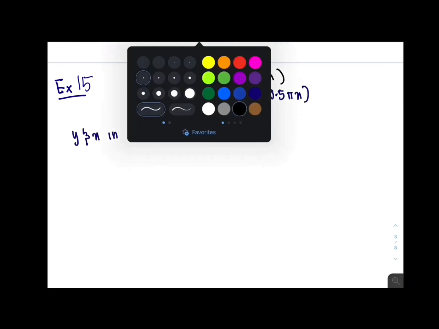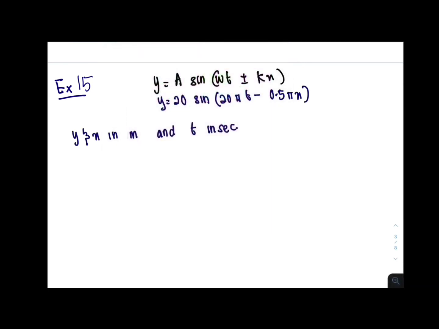So what I have here: my A is 20, my omega is 20 pi, my k is 0.5 pi, and my wave has a negative sign, which indicates that it is traveling to the right. The negative in the equation indicates that it is traveling to the right.